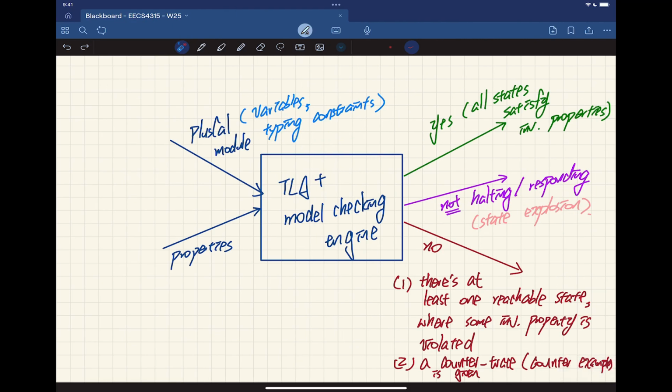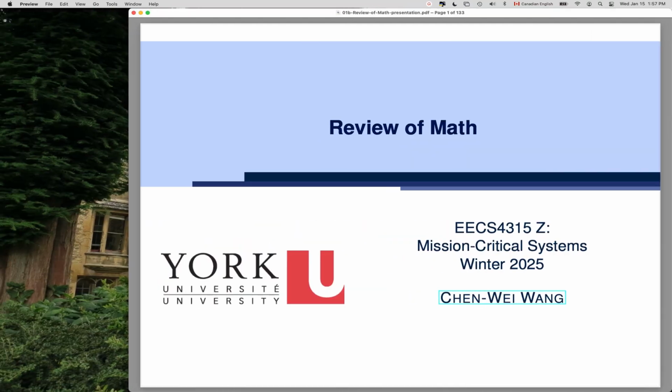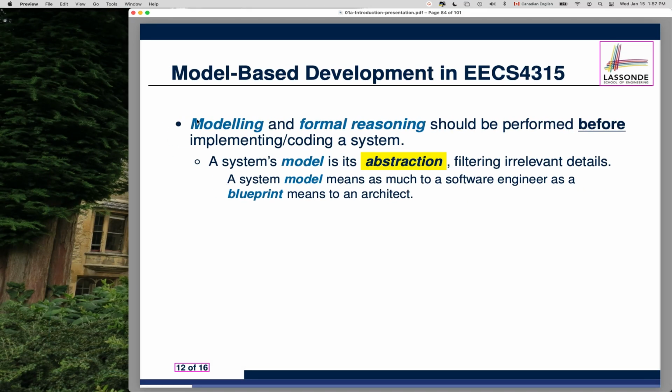Okay, so before the break, we are pretty much done with all the introduction I want to mention. So let me just see the slide. There might be a few more to mention. Yeah, this slide here is just about 4315. Just remember this paragraph here really talks about the importance of a model. So for your purposes, you want to make sure you understand the definition of a model, which is about an abstraction, and also the importance of a model, right?